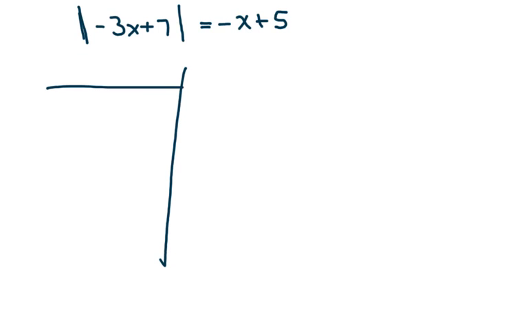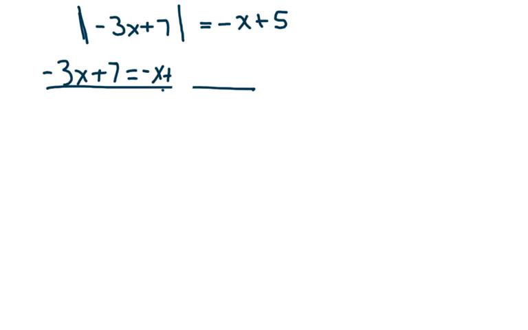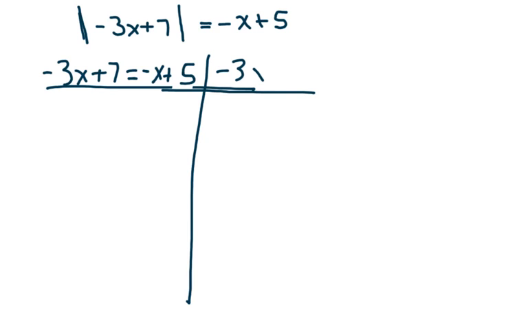We're going to write this as negative 3x plus 7 equals negative x plus 5. And this side's going to be negative 3x plus 7 equals negative x plus 5, so we're just taking the negative of this side. And I'll let you do the checking.